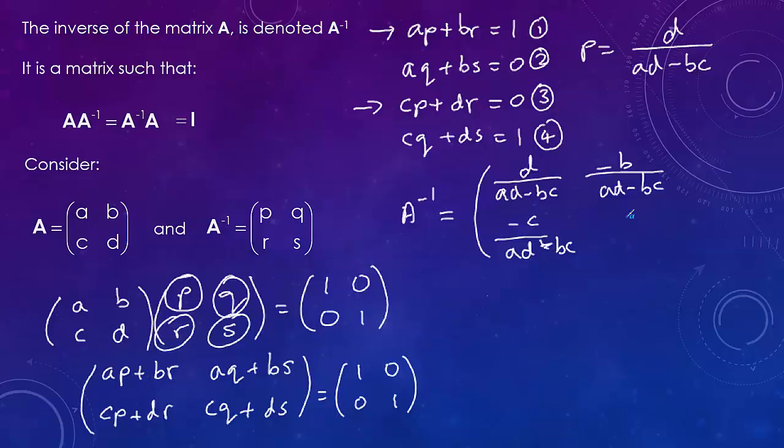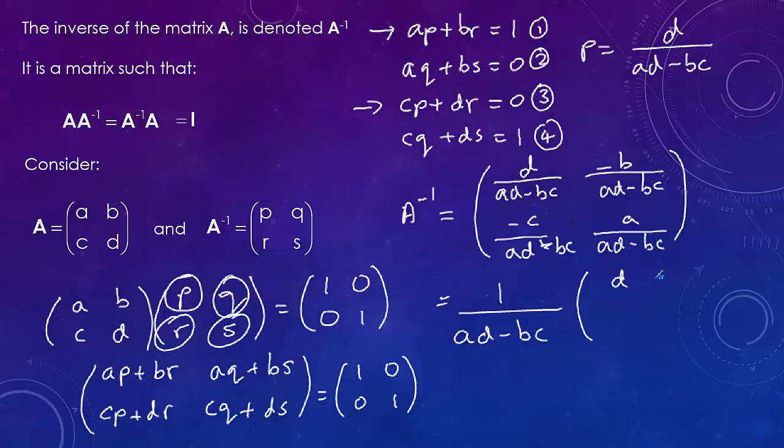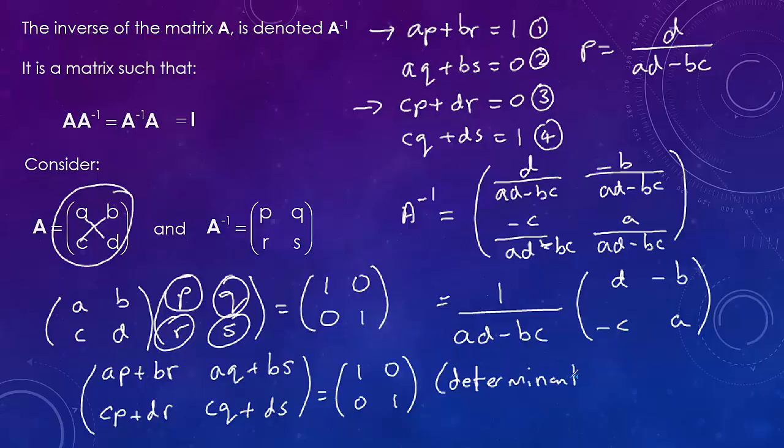And the S ends up being A over AD minus BC, which we can write as 1 over AD minus BC, into D, negative B, negative C, A. Now if you look at what's happened here compared to this matrix, first of all we have A multiplied by D, that's the leading diagonal multiplied, take away B multiplied by C. This is something known as the determinant, and it's really important.